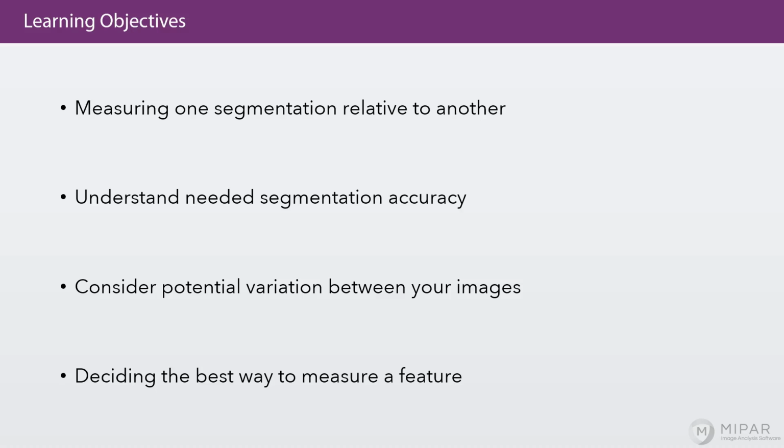We'll talk a little bit about understanding needed segmentation accuracy. How well do we have to have the cell body defined in order to be able to answer our question? We'll discuss potential variation between your images. And lastly, deciding the best way to measure a feature.